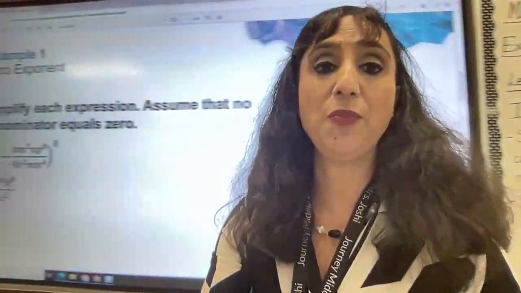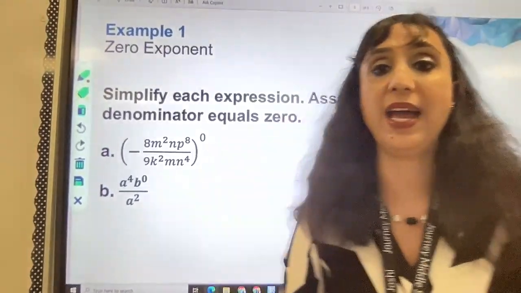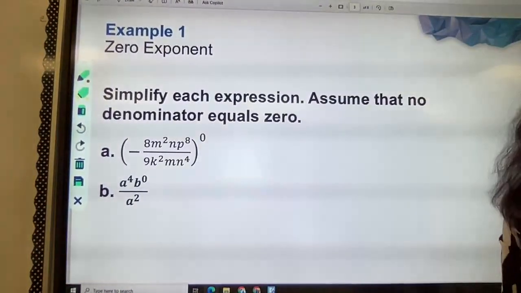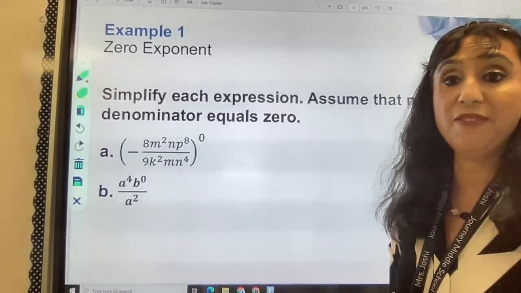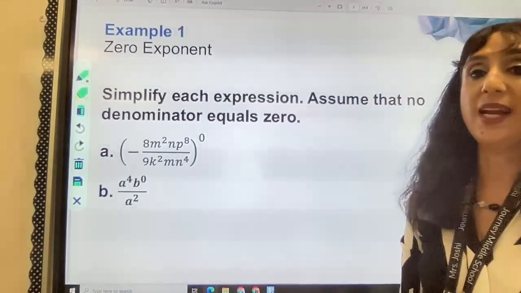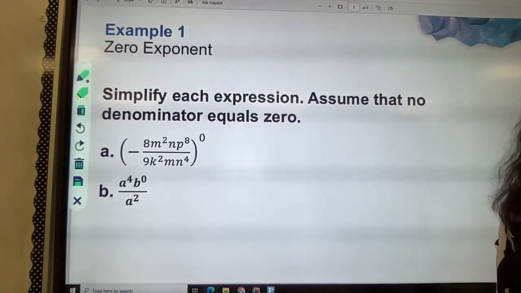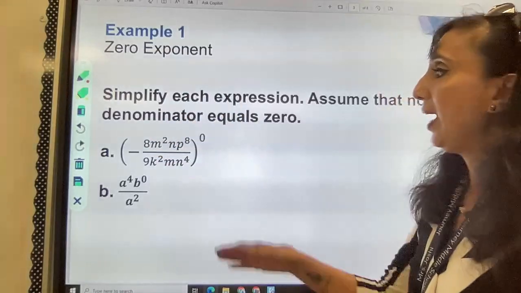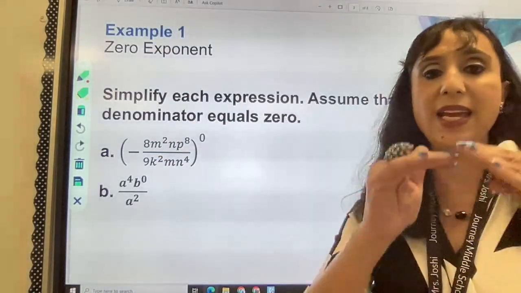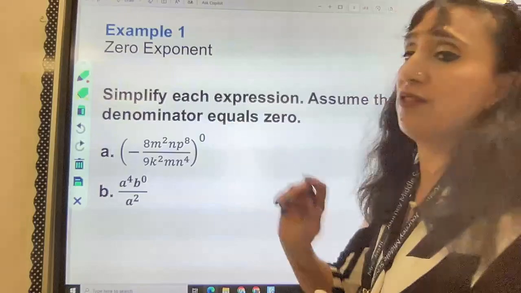So looking at this property, let's go ahead and solve some problems. Let's look at these two problems that I have put on the whiteboard. We are simplifying each expression, and we assume that no denominator equals 0. Looking at this first one, I can immediately see that the entire expression has the power of 0.